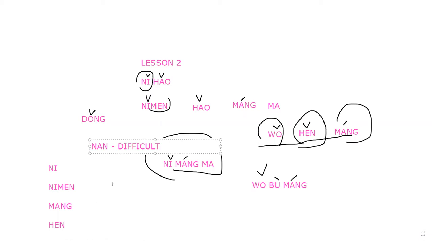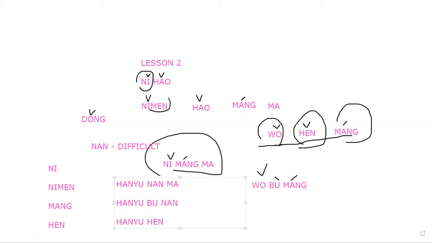If I say Hanyu nan ma, repeat after me. Hanyu is Chinese. What to say for Chinese? Hanyu. Hanyu nan ma? Is Chinese difficult? I will say Hanyu bu nan. Bu is not. Hanyu, not difficult. Hanyu hen nan. Hen is very, nan is difficult.